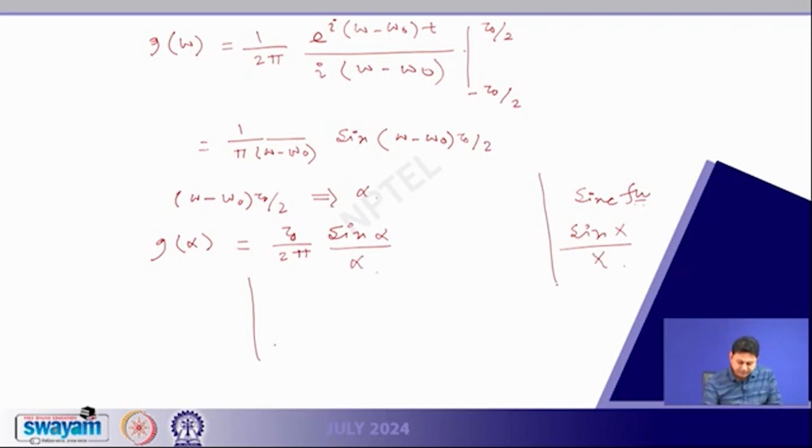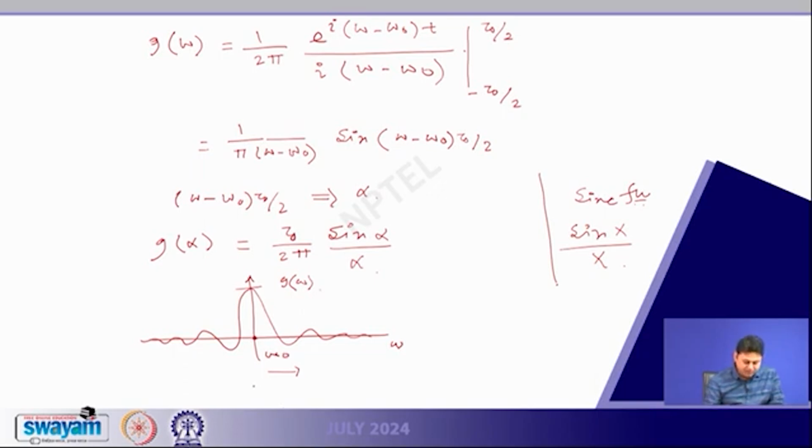So here also we have a function like this, and if I plot this function, I'm going to get a structure something like this. So this is my g(omega) function, and if I plot in terms of omega, then this value is 0, so that is omega 0.